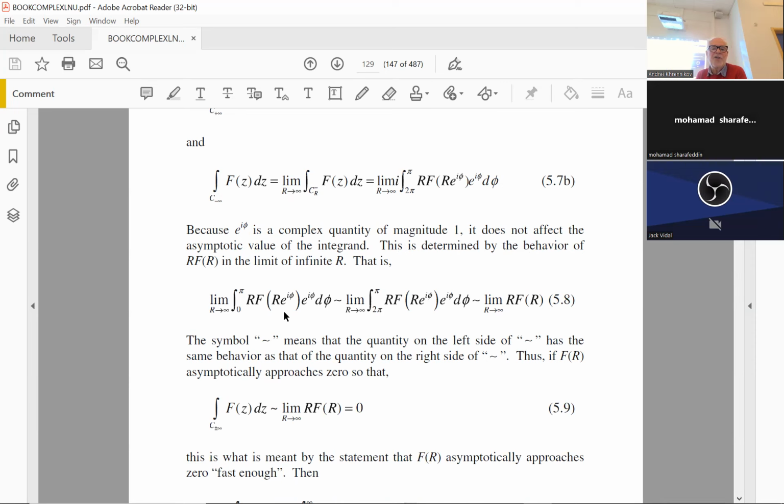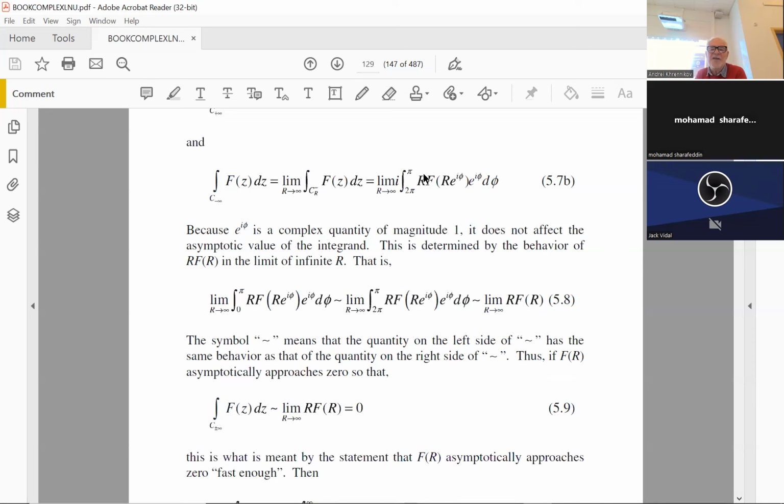Now, this is what they want to tell: since our function is continuous, its value on this half circle is more or less as this R, because the length is now pi. We can forget about pi, it's a constant.